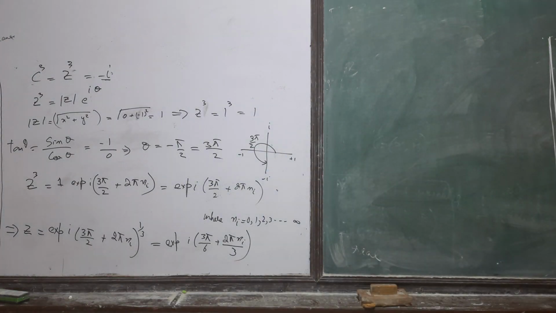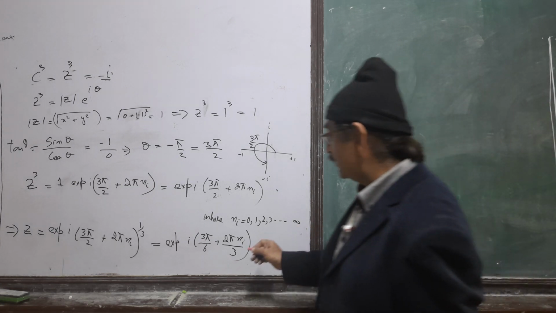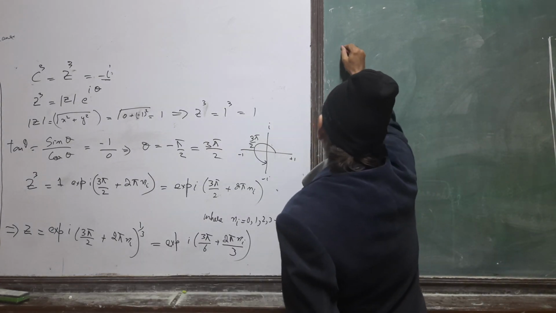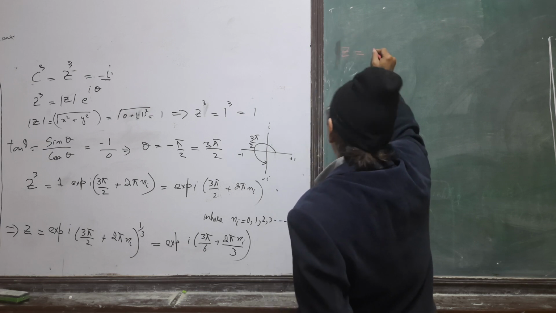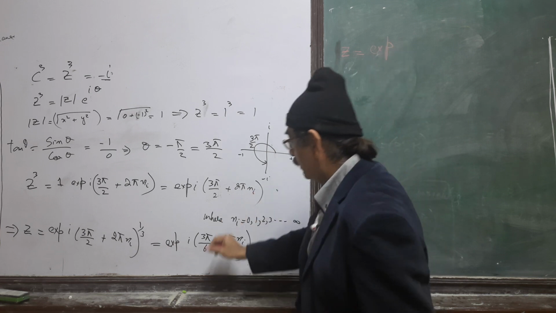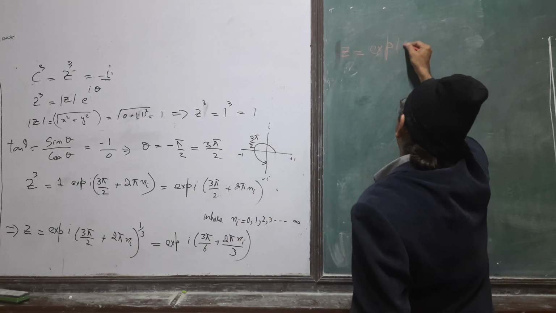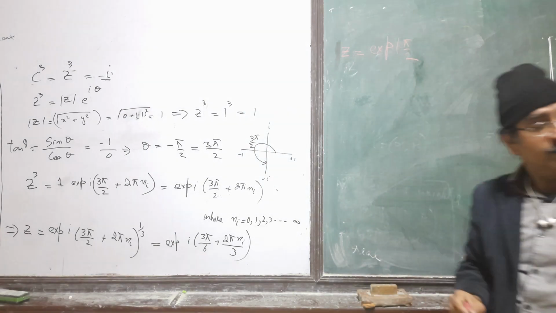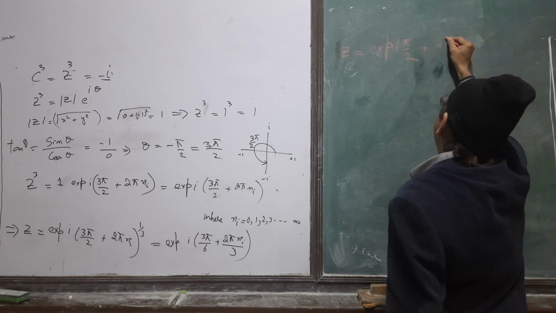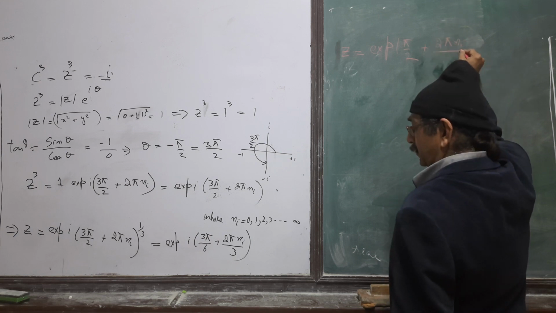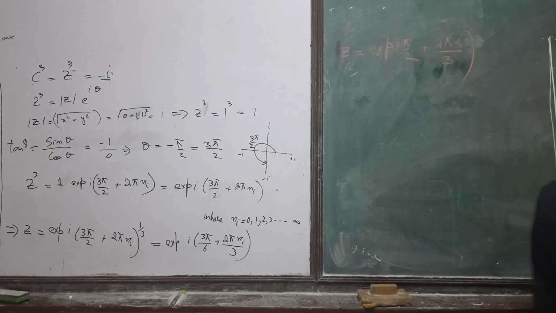Or we may write that this z is equal to exponential of i(pi by 2 plus 2 pi n over 3).